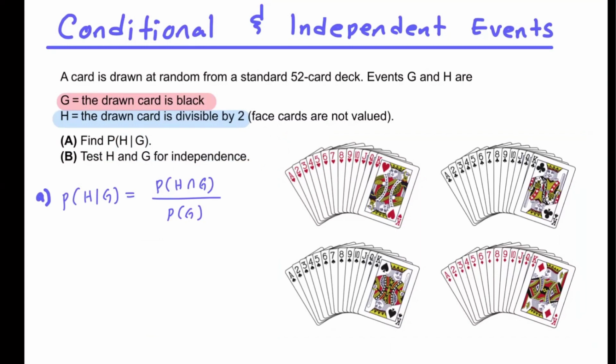So what is the probability of H and G, meaning the card is a black card and the drawn card is divisible by 2?